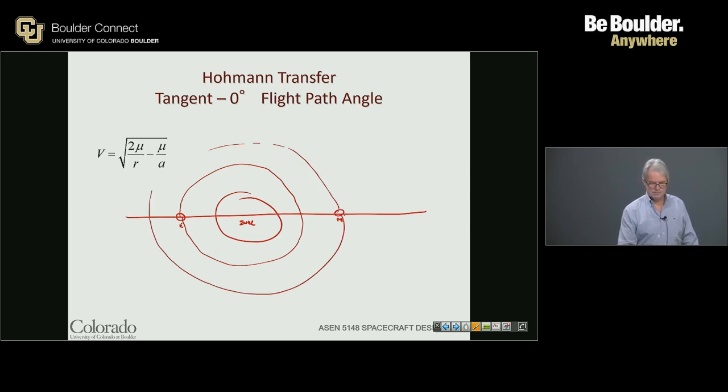And we assume that these are circular orbits, how would we want to go from Earth to Mars if the Hohmann transfer was employed? What would be the best way to do that?